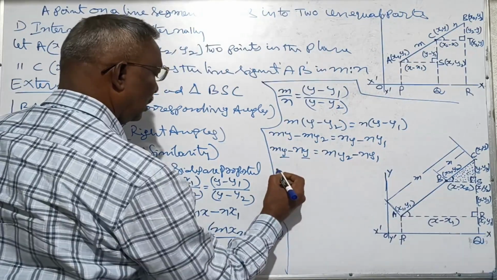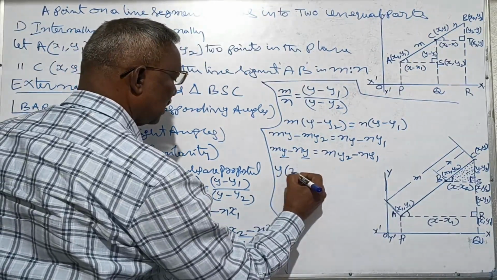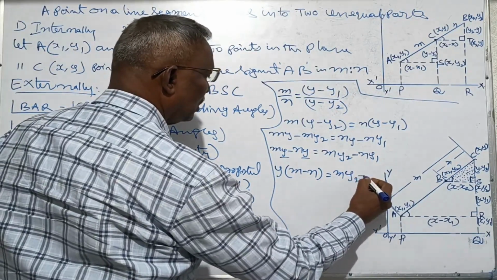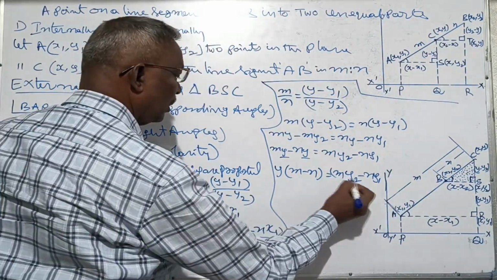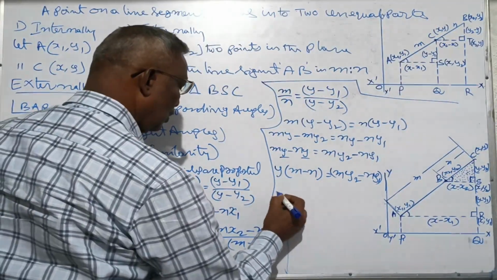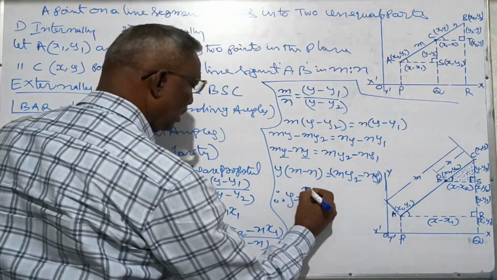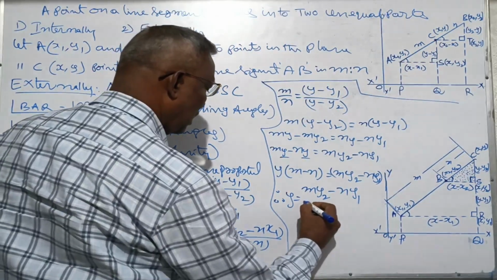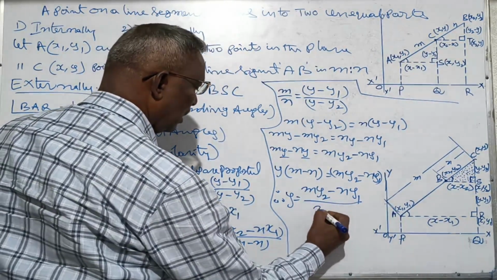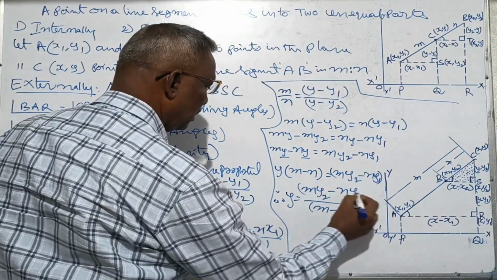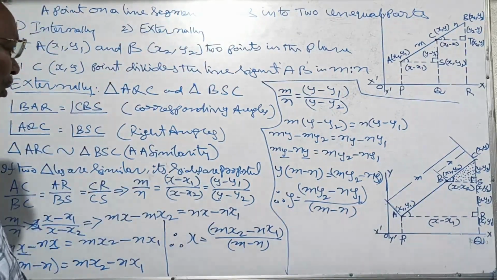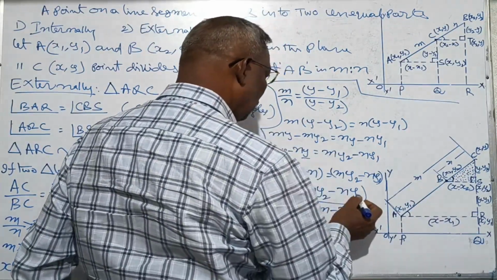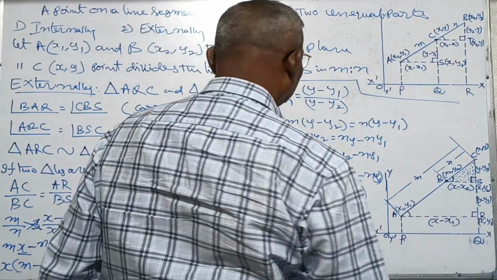Here y is common, so y into m minus n is equal to my2 minus ny1. Therefore, y is equal to my2 minus ny1 by m minus n. So the y ordinate at C is my2 minus ny1 by m minus n.